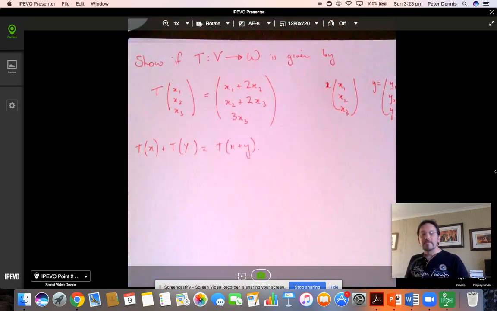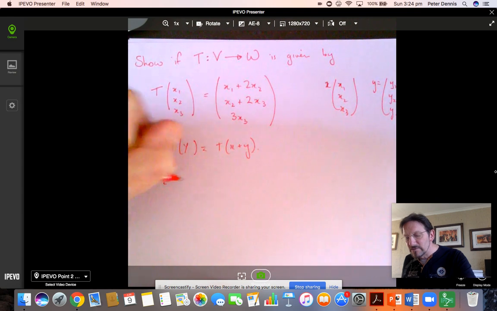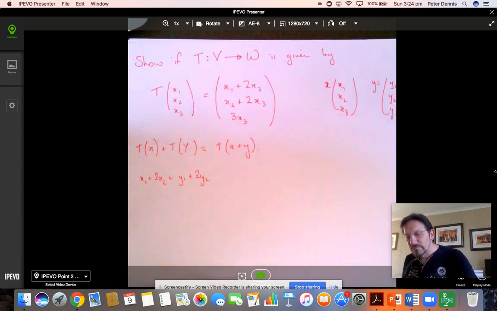And we're just going to add them together, basically. If we just look at the left-hand side, T of x plus T of y is going to be x1 plus 2x2 plus y1 plus 2y2.